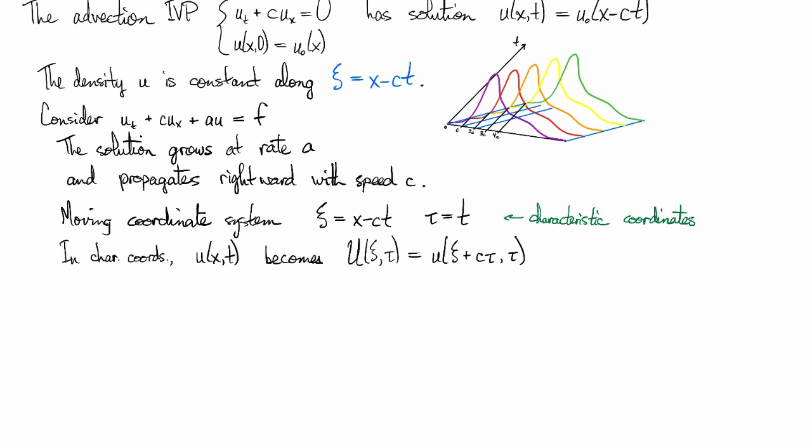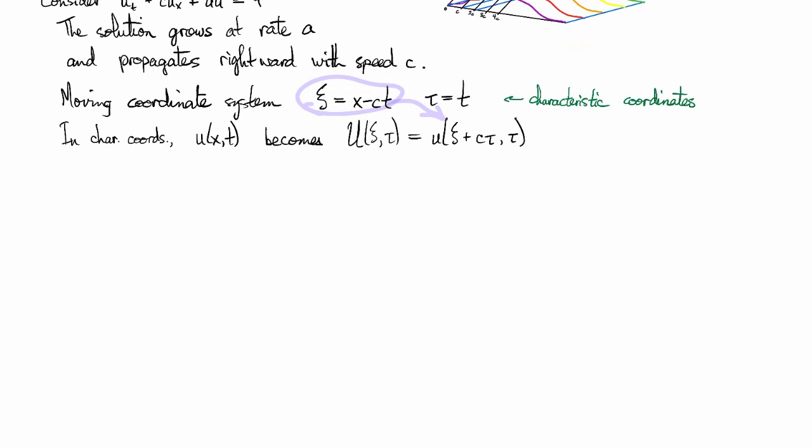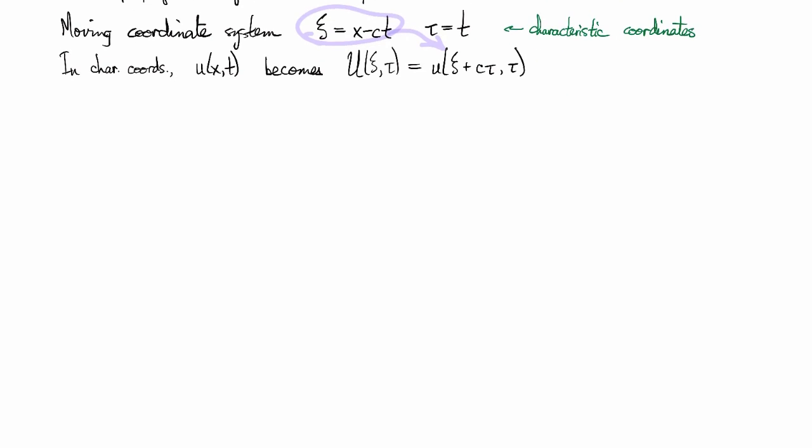And I got that one just from solving this for x, to put it in. And if we wanted to rewrite it the other way, this is the same thing as saying u of x minus ct comma t, which would be little u of x,t.